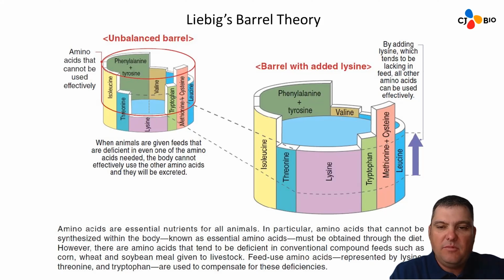At the same time, while we're capitalizing on performance, we're also utilizing a much higher percentage of the other essential amino acids that are present in the diet, getting much closer to, or reducing, the amount of amino acids that we're overfeeding. And so if you think about the current situation in the animal ag industry over the last couple of years, we've had the commercialization of valine, isoleucine, and arginine, and we've had tryptophan available for several years.